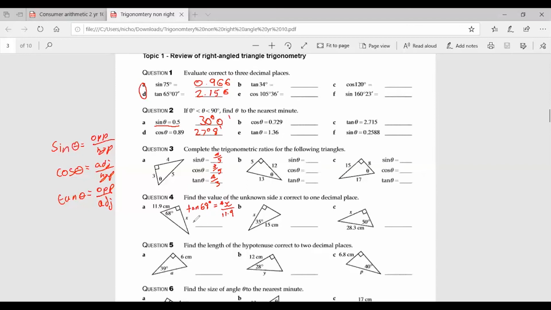Times 11.9. So x equals 11.9 tan 68 degrees, right? Does that make sense? Yeah. Then you can just put that into your calculator and get a solution.